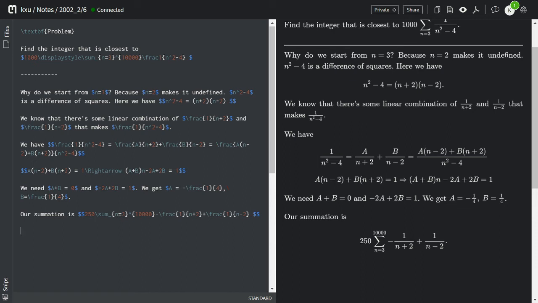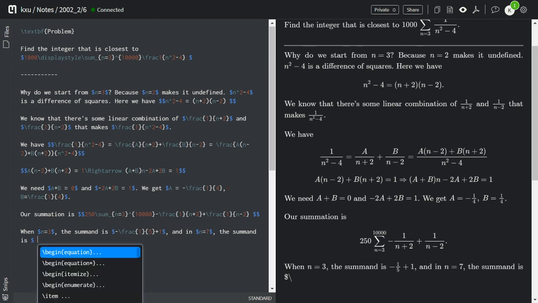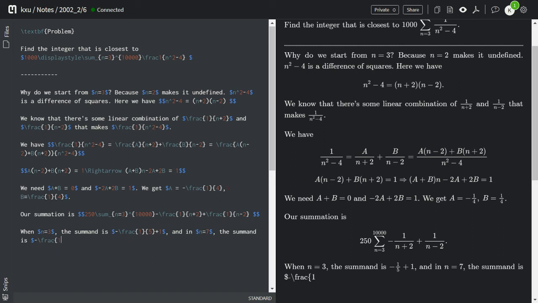For example, when n equals 3, the summand is -1/5 plus 1, and when n equals 7, the summand is -1/9 plus 1/5.